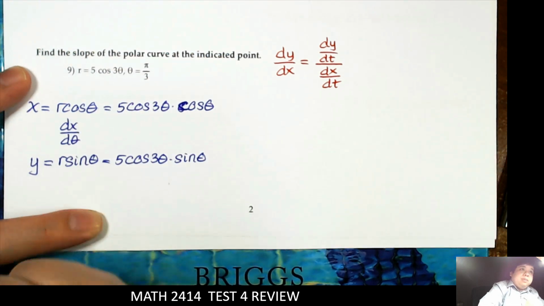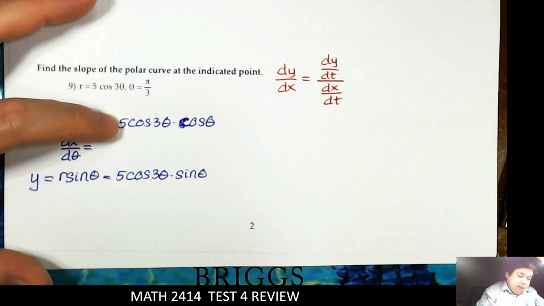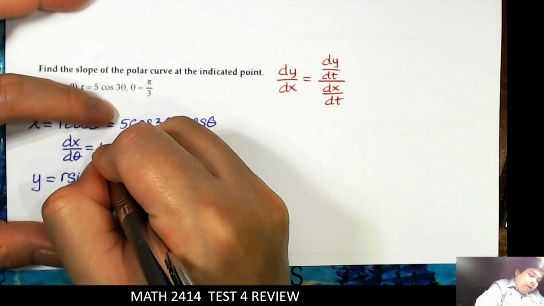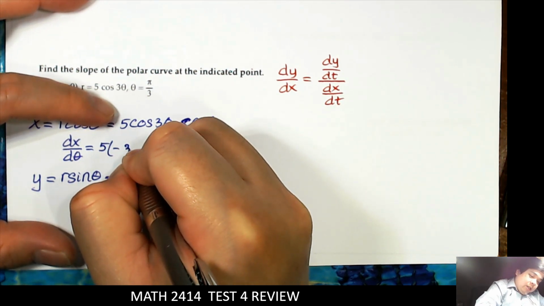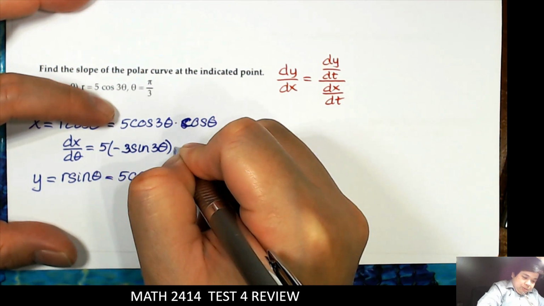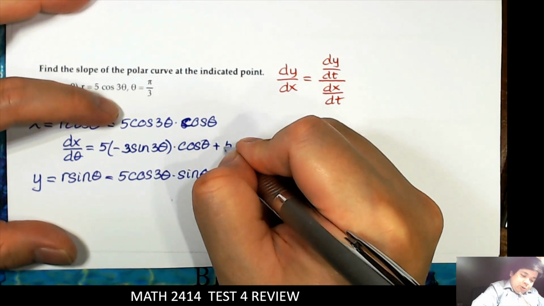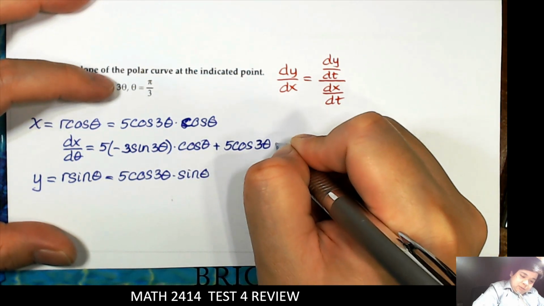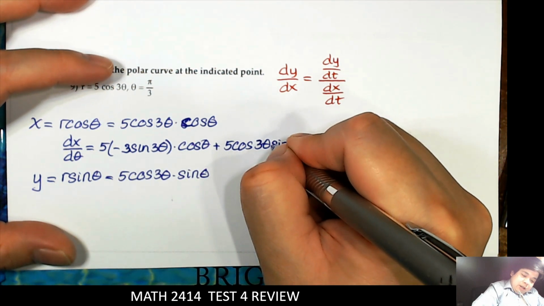The derivative of x, we use the product rule here: 5, the derivative of cosine 3 theta is negative 3 sine 3 theta, that's the chain rule, times cosine theta, plus 5 cosine 3 theta times the derivative of cosine, which is negative sine of theta.